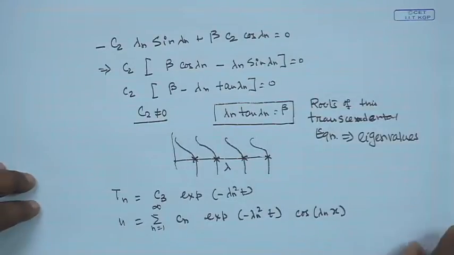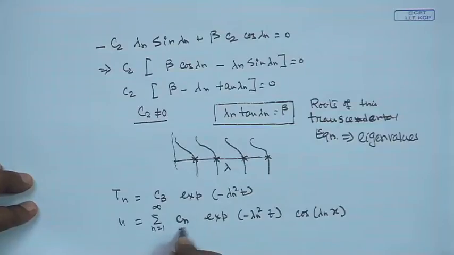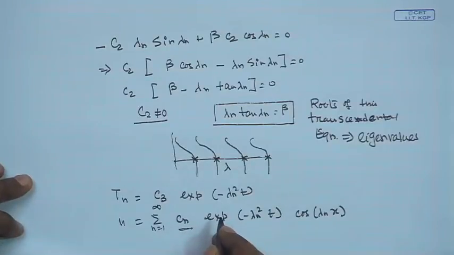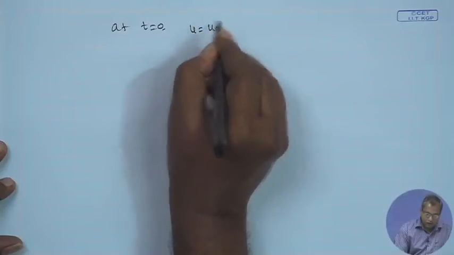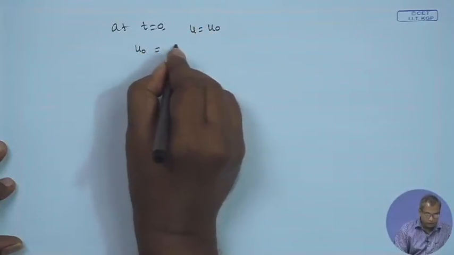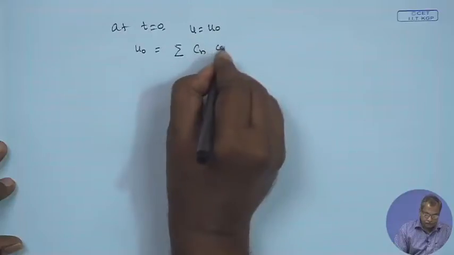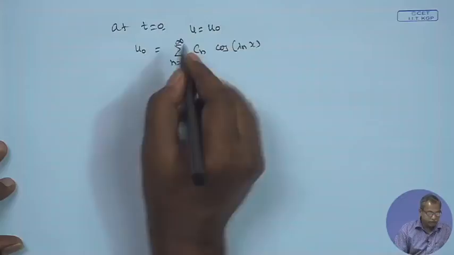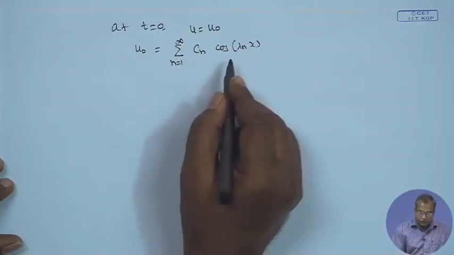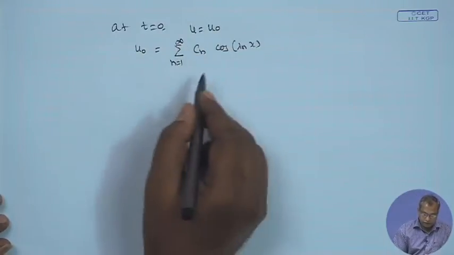Now, the constant Cn has to be evaluated from the non-zero initial condition that at t is equal to 0, u was equal to u naught. So, let us go ahead with that. At t is equal to 0, u is equal to u naught, and therefore u naught is equal to summation Cn cosine lambda n x, where n is from 1 to infinity. We utilize the orthogonal property of the eigenfunctions.